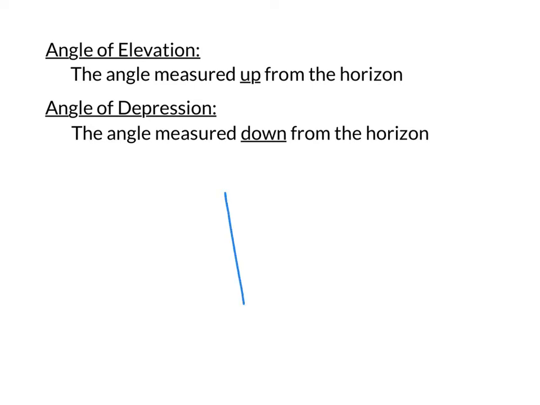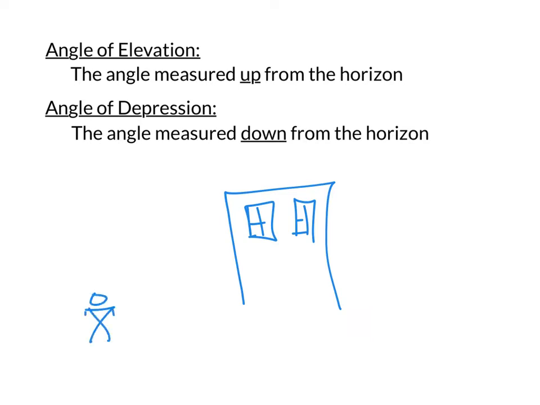If we think about this building here, and we've got Joel standing over here. If we're thinking about an angle of elevation from Joel's eyes, we measure our angle upwards, like that. That would be an angle of elevation.